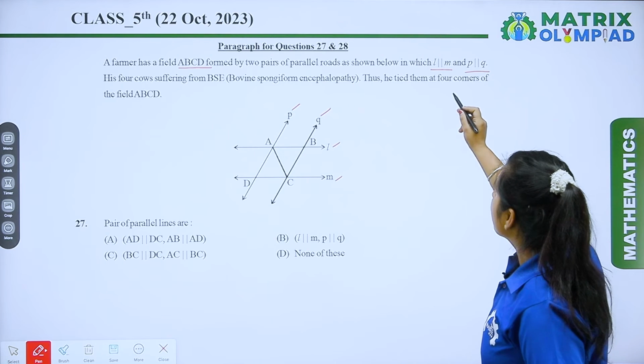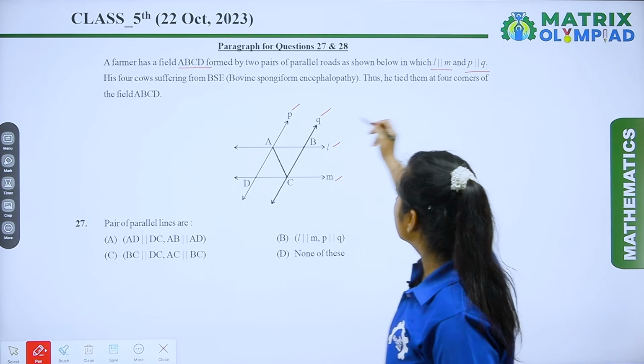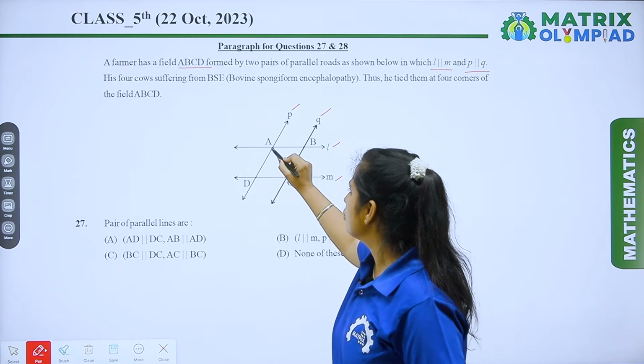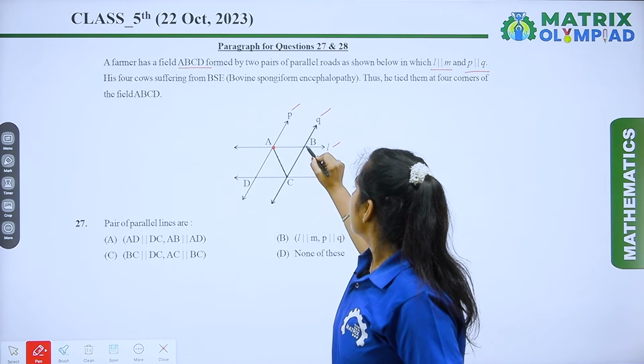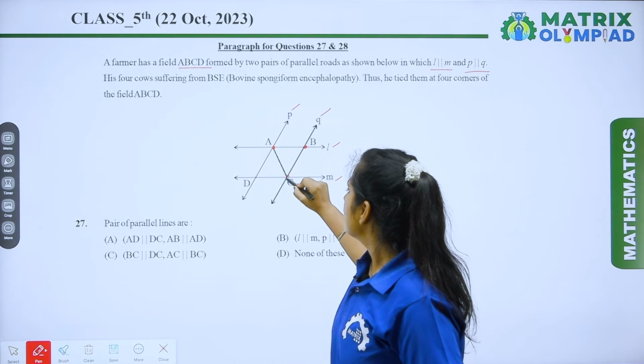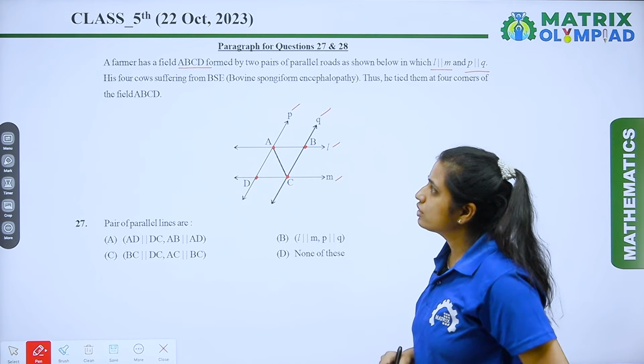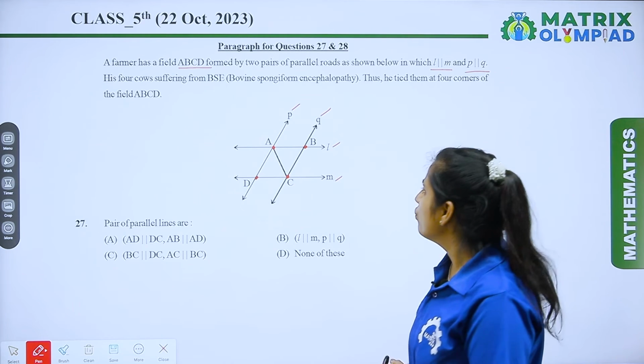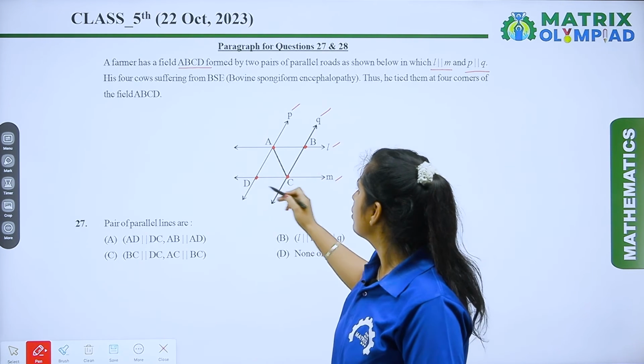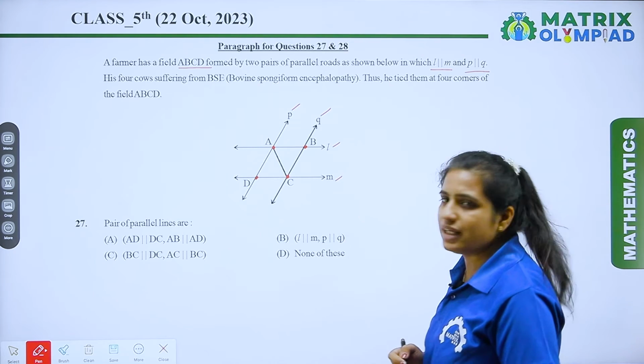Thus, he tied them at four corners of the field ABCD. So here the farmer tied his four cows at the four corners of the field, that is ABCD.